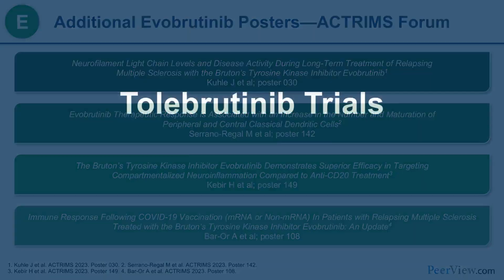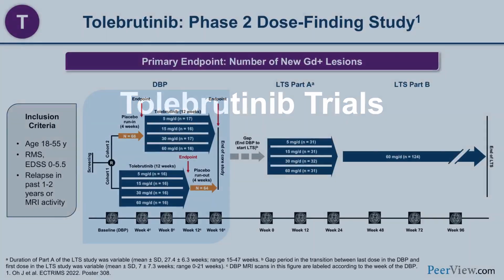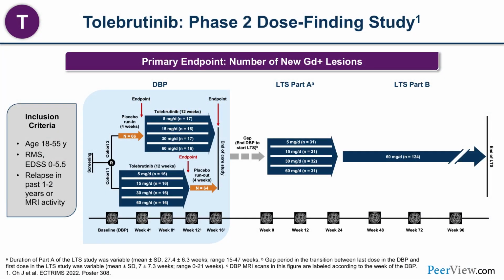Moving on, I just wanted to go over the Tolebrutinib phase 2 clinical trial data because, again, Evobrutinib and Tolebrutinib are the 2 molecules that have been evaluated in phase 2 clinical trials and extension studies and are farthest along in clinical development. So just don't want to, again, bog you down with too many details, but I think this slide is familiar to you.